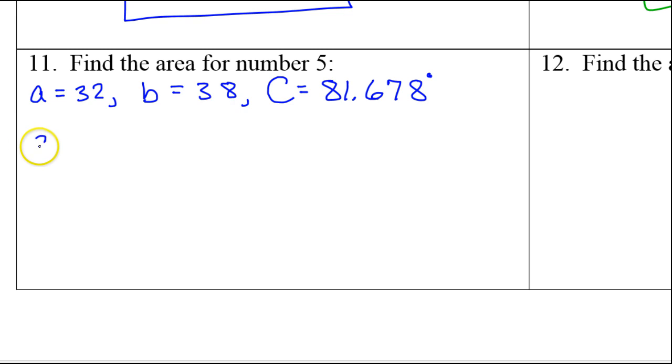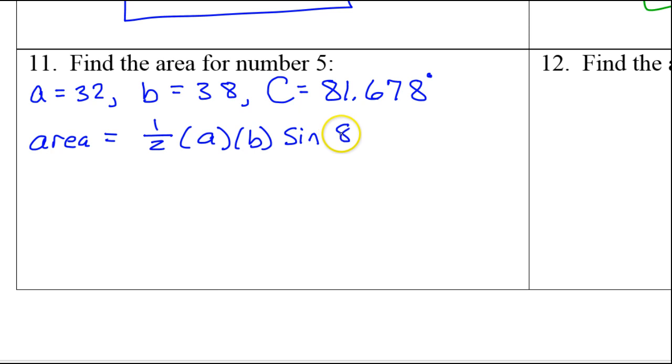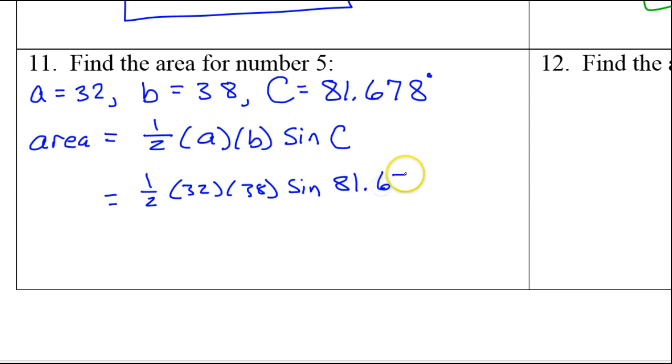Now we're supposed to use the area formula that says the area will equal 1/2 side A times side B times the sine of angle C. So that means we're going to have 1/2 of 32 times 38 times the sine of 81.678 degrees.